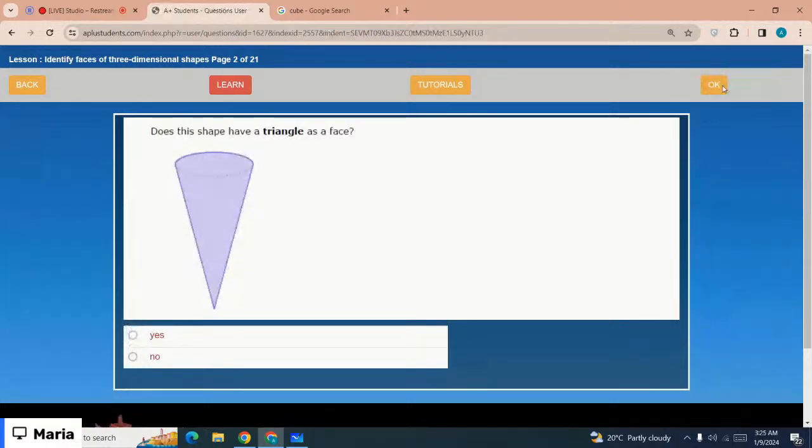Does this shape have a triangle as a face? Which is the correct option? The correct option is yes, the shape has a triangle face. This cone is a triangle.